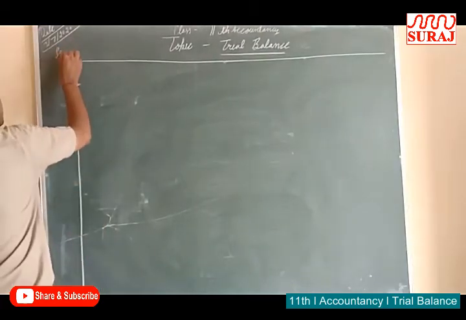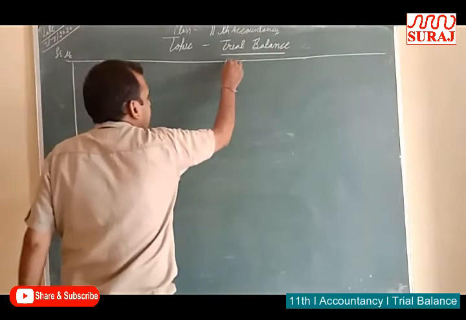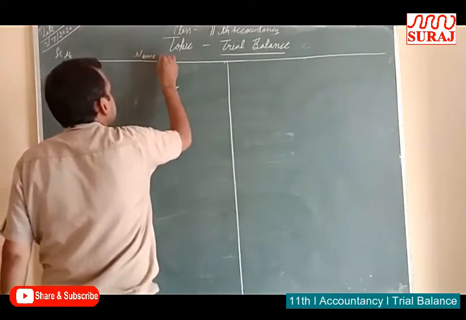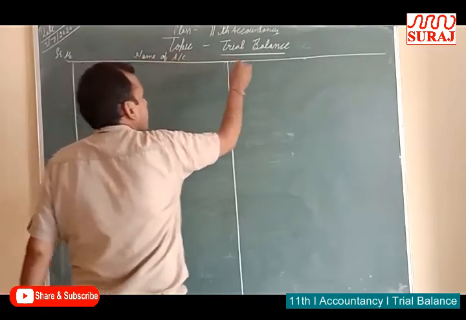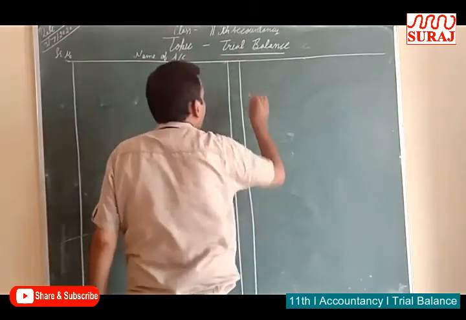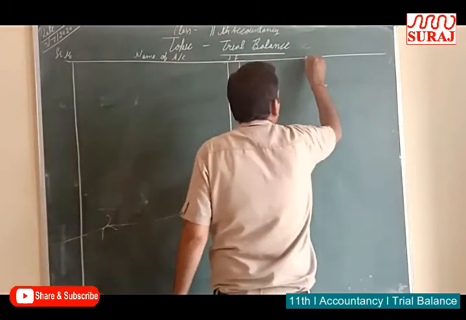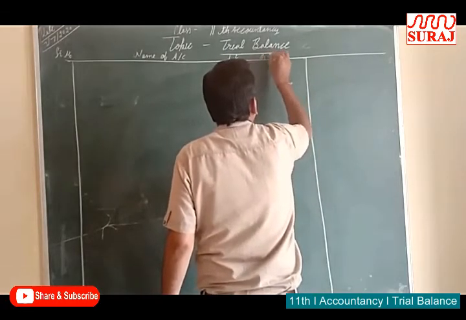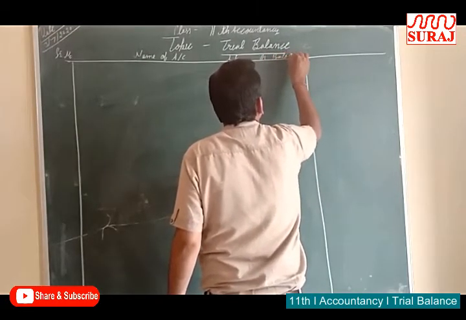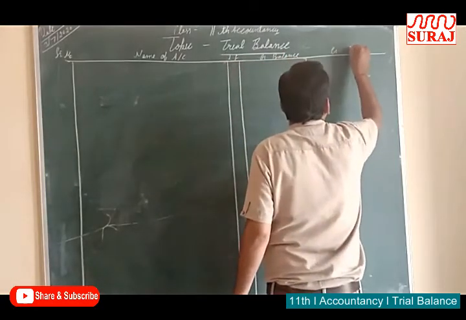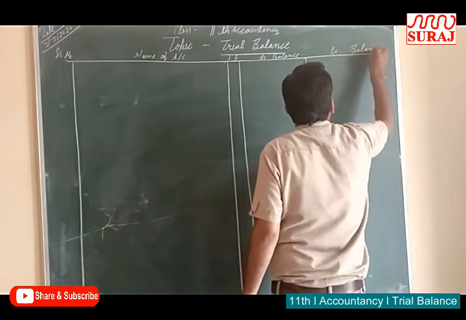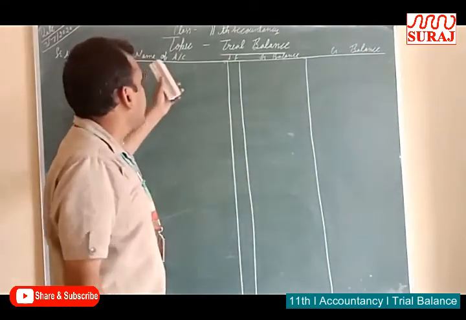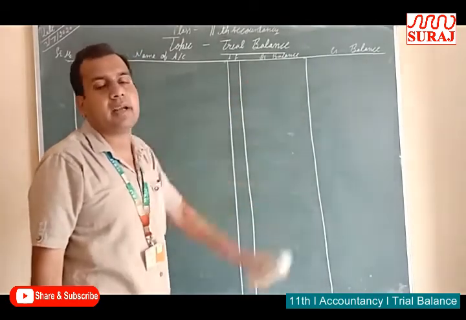First column serial number, second column name of account, third column ledger folio, fourth debit balance, and fifth credit balance.